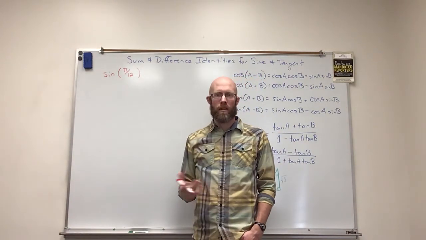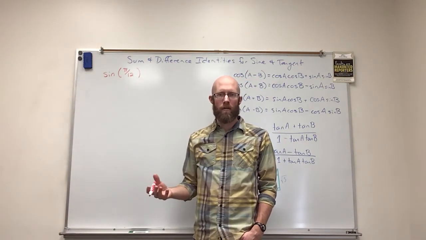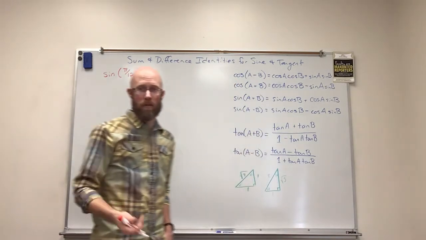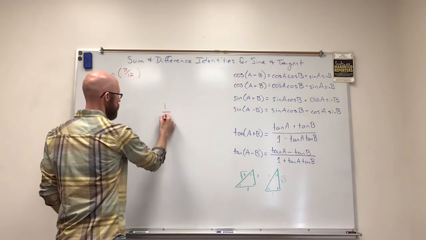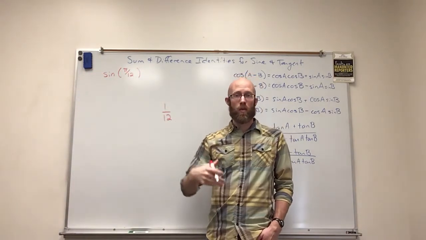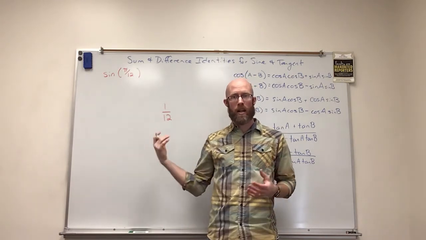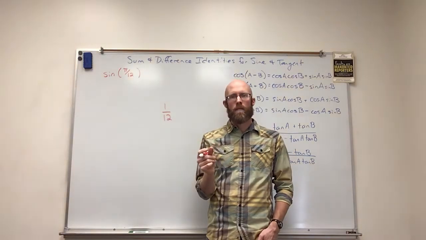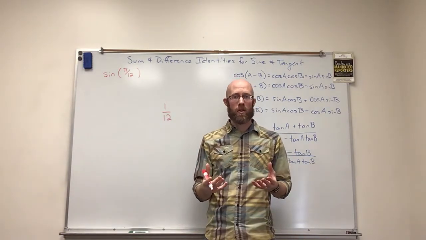There's some strategies involved I'll try to share with you as we go. Pi over 12 is really a fraction of 1/12 times pi. The pi isn't quite as important there as the 12th. So think about the fraction 1/12. What fractions do we know that we could add or subtract to get 1/12? Well, 1/12 is a relatively small value, so probably subtraction is going to be helpful.